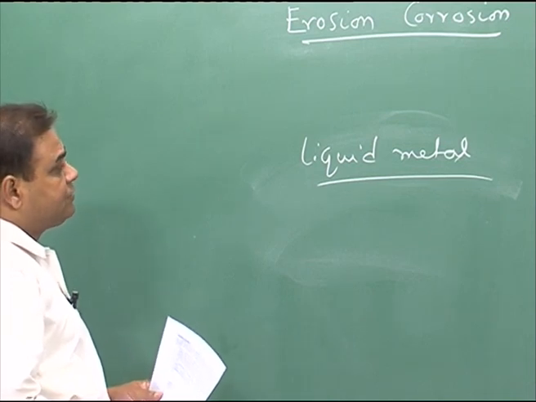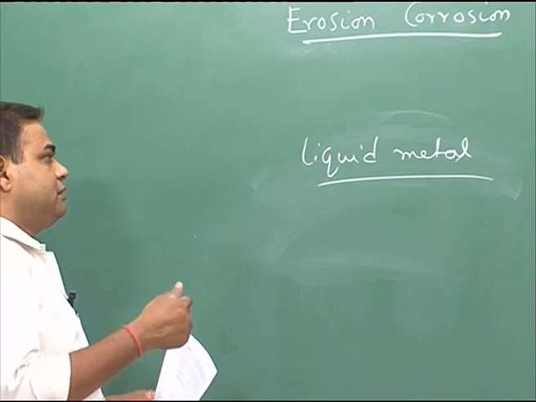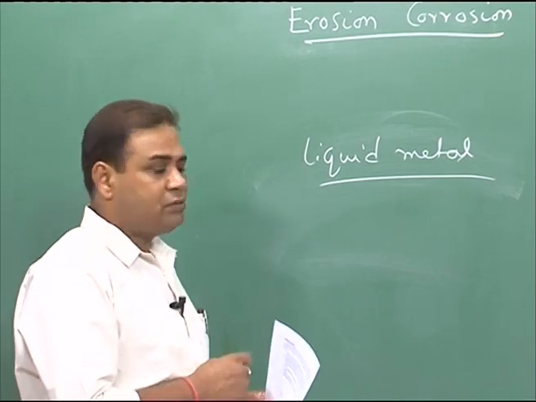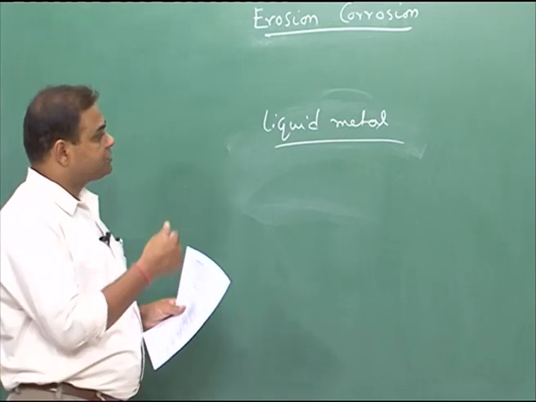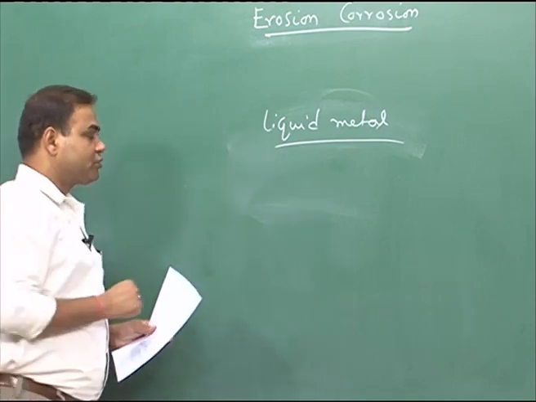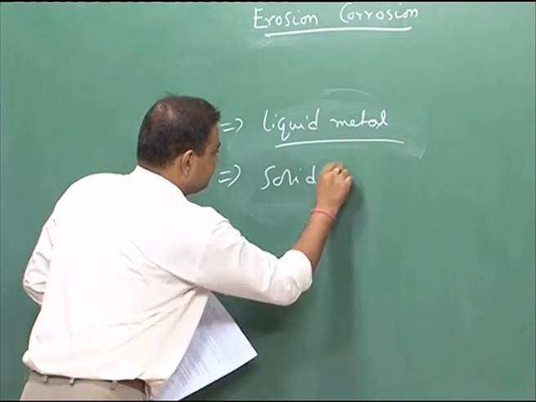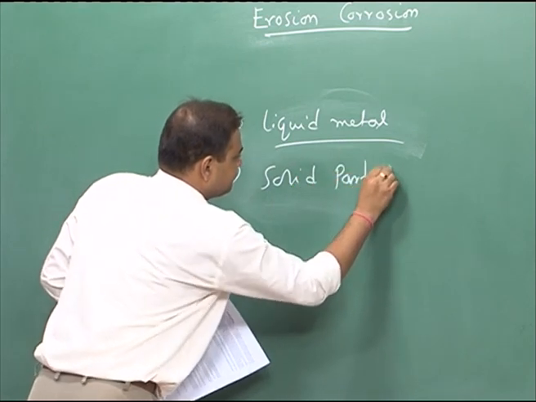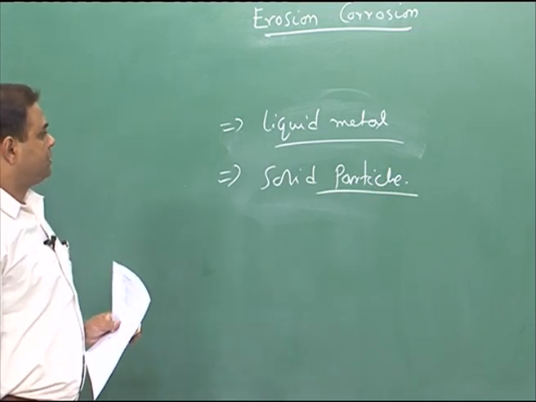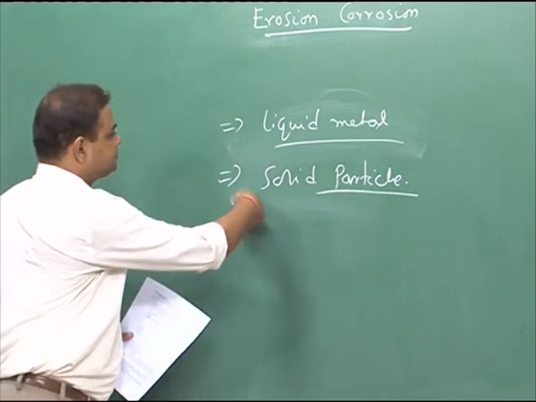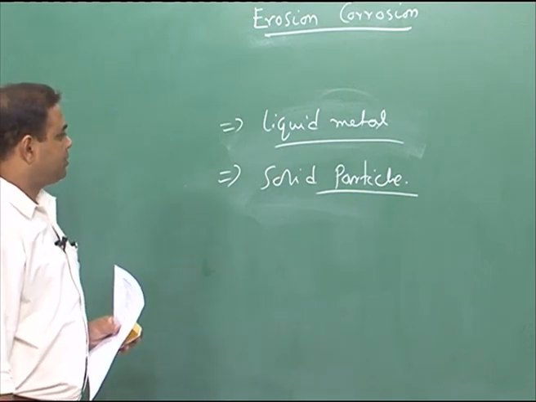Now, as we have said, solid particles in a moving solution can be detrimental towards erosion, and that can lead to erosion corrosion. So, solid particles can erode the metal surface, and there could be an erosion effect.